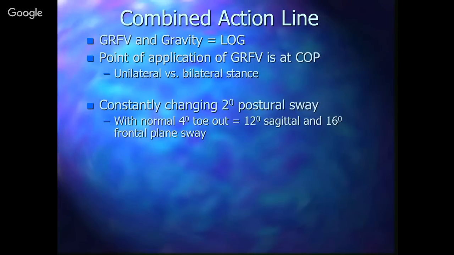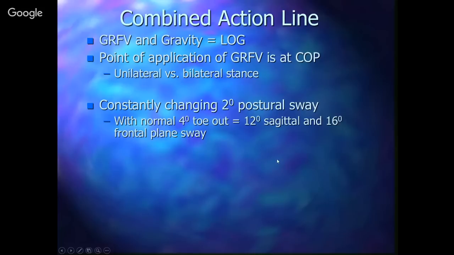As a human species, we actually have a constant sway to our body, and you often don't even think about it. So if you're standing, maybe just stand right now as you're listening to this. If you're standing erect and upright, we have a constant changing of our sway to the body. Secondary to our vestibular system, our proprioceptive system, any perturbation that occurs due to air, ground movement, things of that nature.